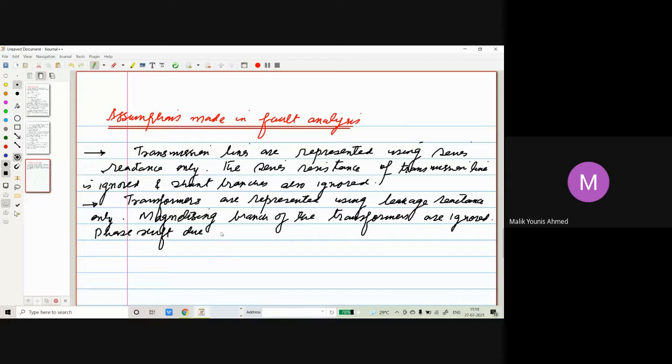What is the phase shift due to star delta configuration? It's normally 30-degree phase shift, which is also ignored.